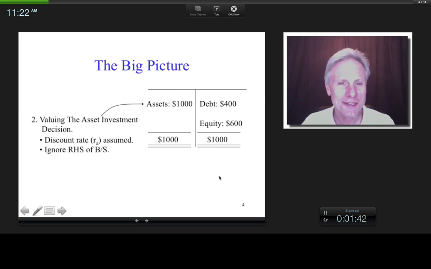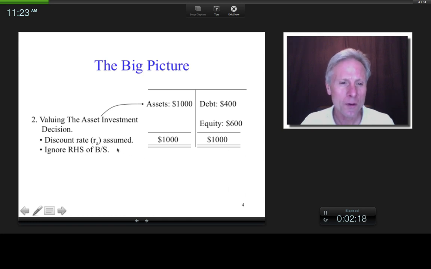So then we moved to the left-hand side of the balance sheet, and we looked at the asset investment decision, and what was some bottom line analysis that we conducted that would say, hey, if this is true, this is value creating, at least with respect to what you quantify in the analysis? And that was net present value, right? And what two things did you need for net present value? Cash flows and discount rate. In other words, we would basically apply the time value of money equations and models that we already learned.